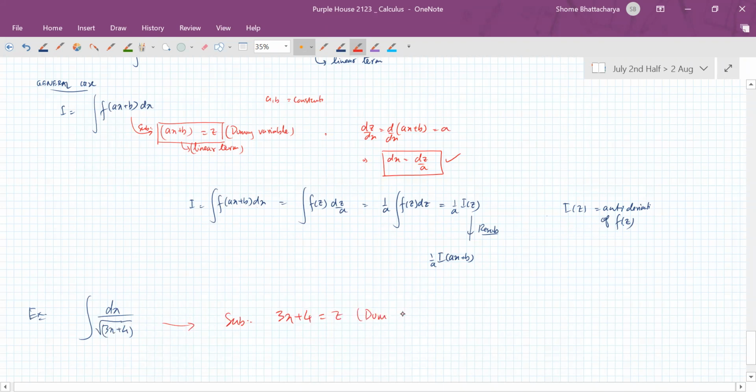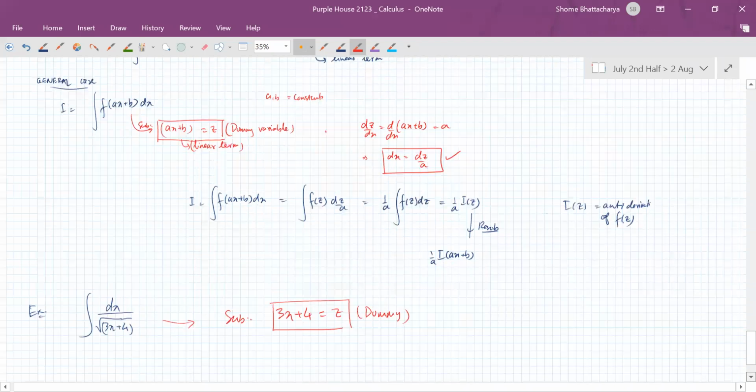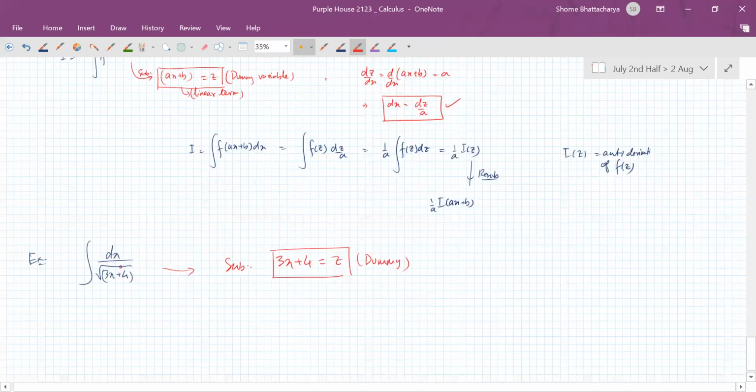After that, this complicated term of square root of 3x plus 4 will become simple square root z. But the dx term will remain, so we need to convert dx in terms of dz. That is where this step comes in: dz by dx is 3, because it's the differentiation of 3x plus 4.